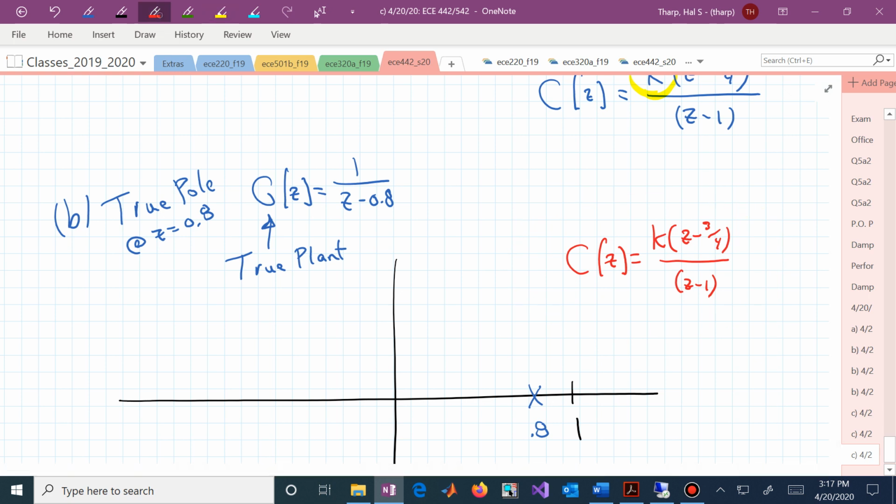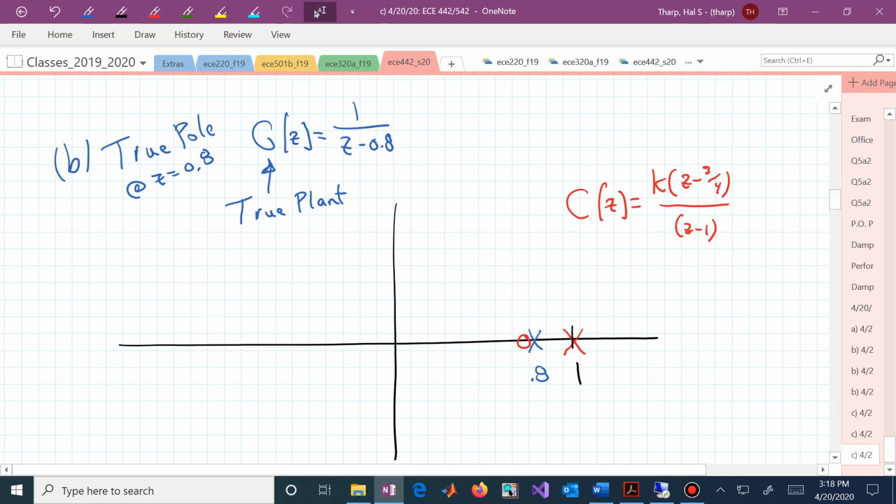And you're using a PI controller, so you know you have a pole there, and now you have a 0 that is 0.05 away from 0.8 because it's at 0.75. Now what happens? Is this completely going to mess things up?